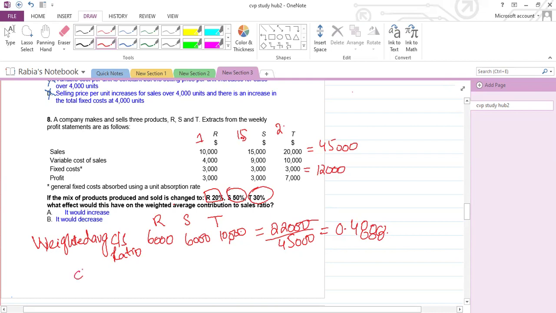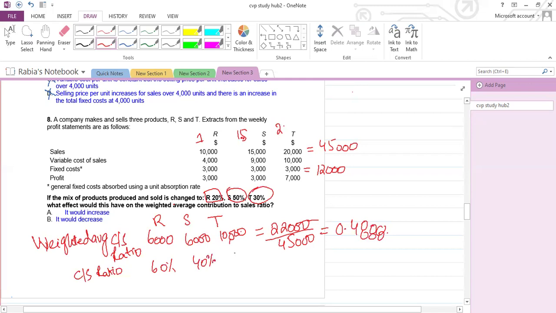You will calculate your individual contribution to sales ratio also. 6,000 divided by 10,000, it is 60%. It is 40%.